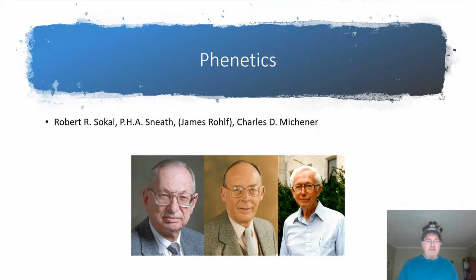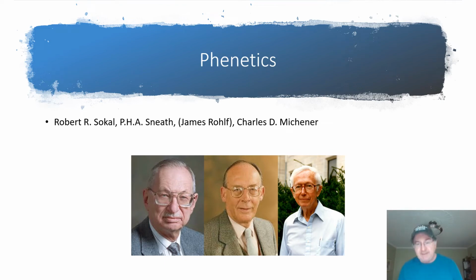But originally, that term was pretty much limited to what I'm going to be referring to from here on as phenetics. Now, I think I made a mistake last time when I talked about Sokal and Sneath as two of the founding, most important members of this field of systematics, and I said that Sneath was from Stony Brook.